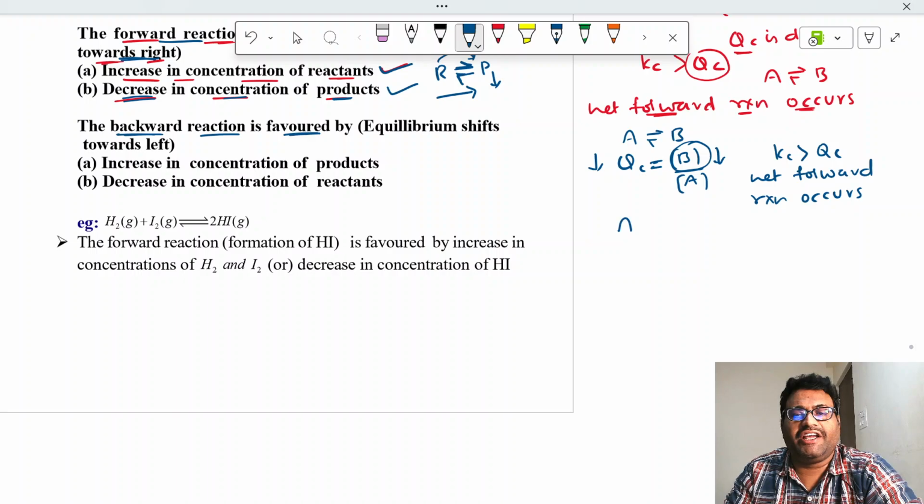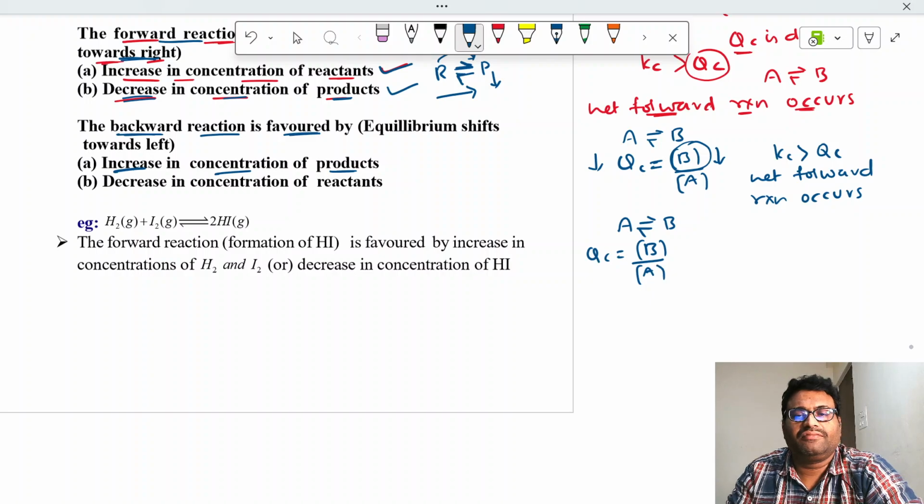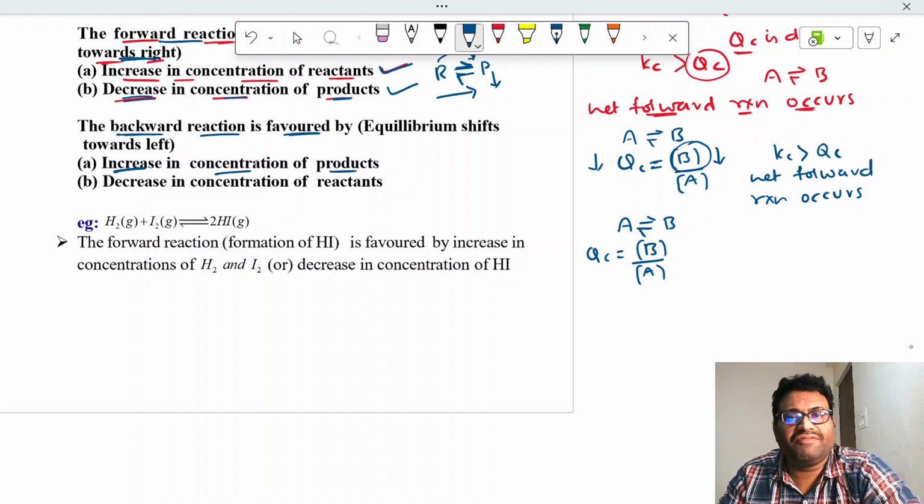For the reaction A gives rise to B, Qc is equal to B by A. Take an increase in the concentration of product. The reaction which is at equilibrium, you are disturbing. How are you disturbing? By increasing the concentration of product B. When you are increasing B, Qc will be greater than Kc.